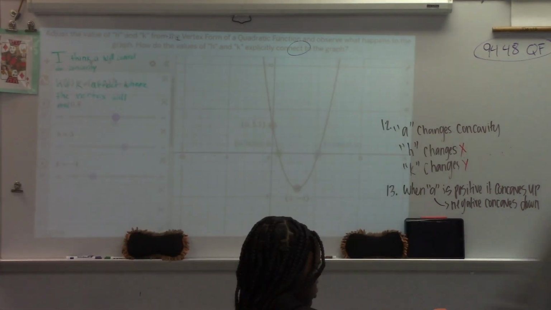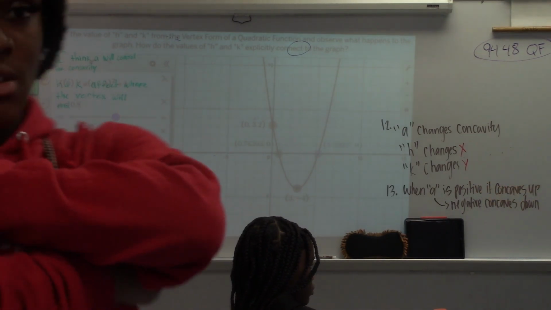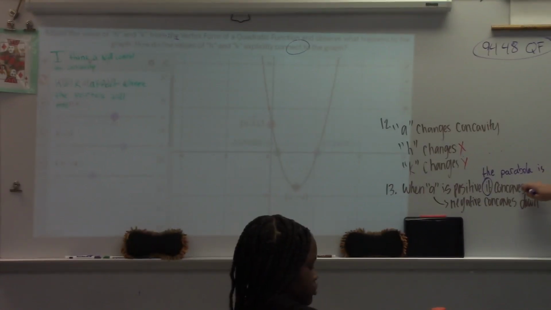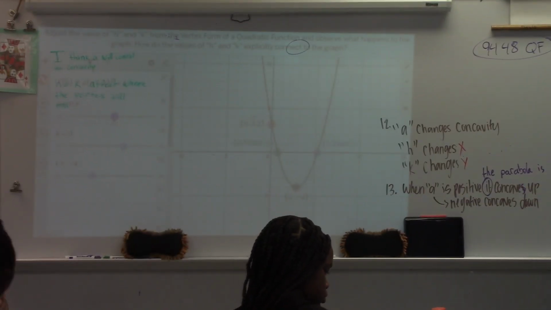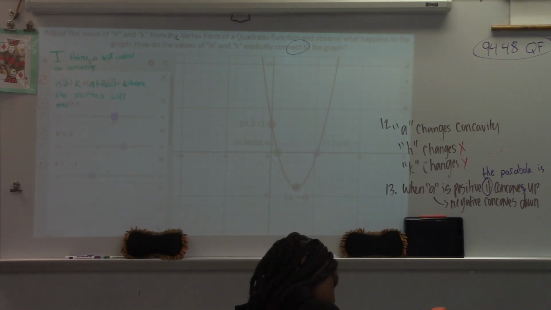Make sure you are clear, not just that A changes concavity, right? But when A is positive, let's be more precise, the parabola is concave up, okay? And I need you to be careful with this. I cannot tell you how often I see students write 3 equals concave up.